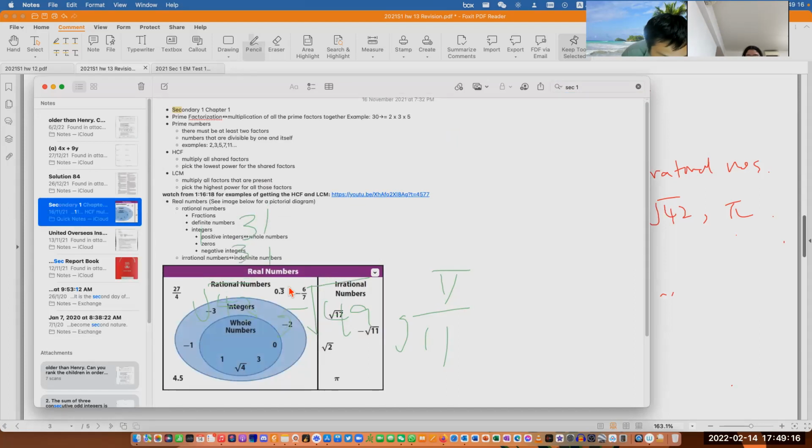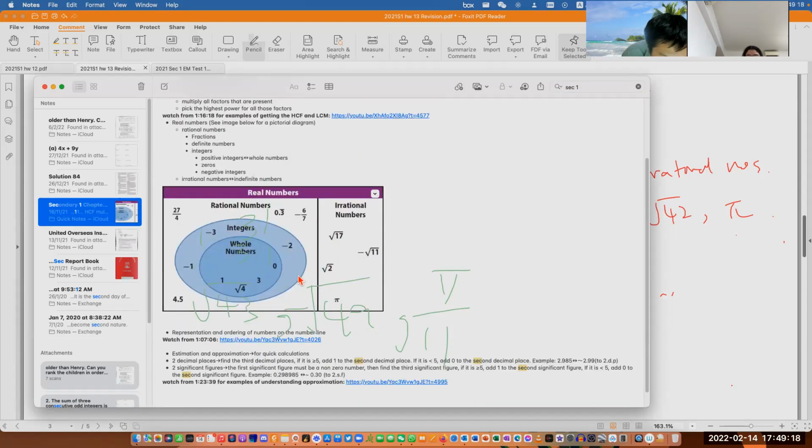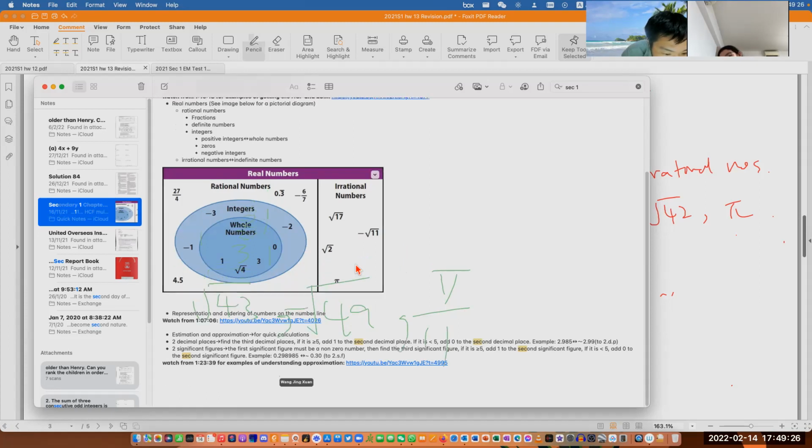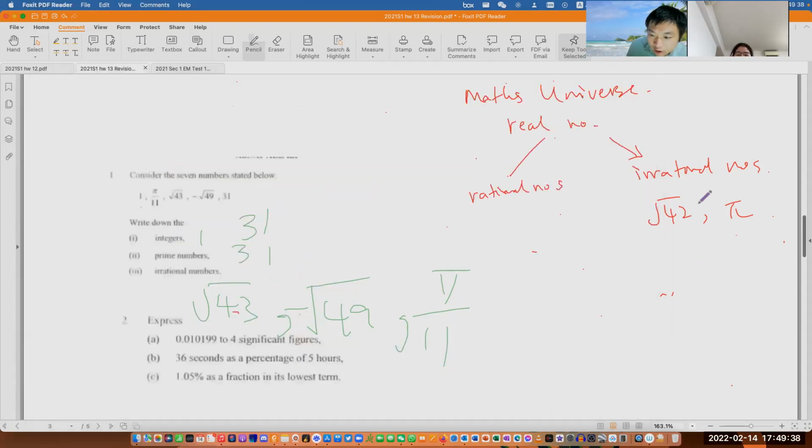Over here. Can you still remember this map? Okay, if you look at this map, the real numbers, then you have irrational numbers. Pi is inside irrational numbers. So in irrational numbers, you have square root 42 and pi.